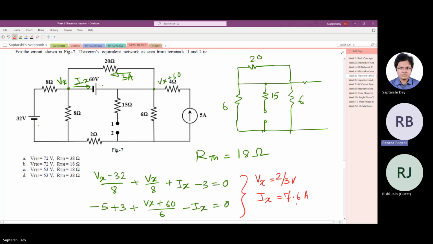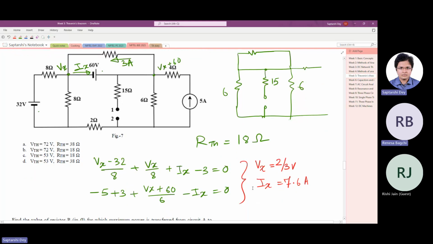Sir, I don't know, my answer is coming wrong. I think Vx is coming 2.40 and Ix is coming 7.66. Ix is coming 7.66, you said. Yes, and Vx is coming 2.40.